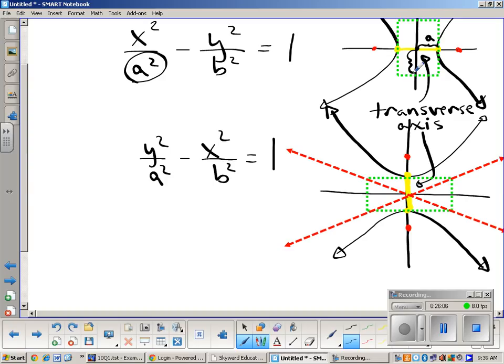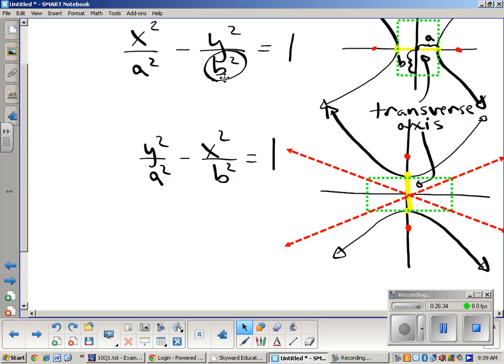This distance then, from the center to the edge of the rectangle, is going to be B. Okay? You notice the B is under the y variable, so it's going to be the one that goes up and down.